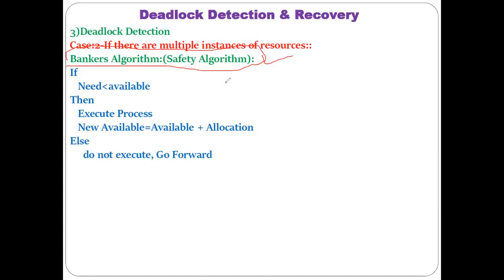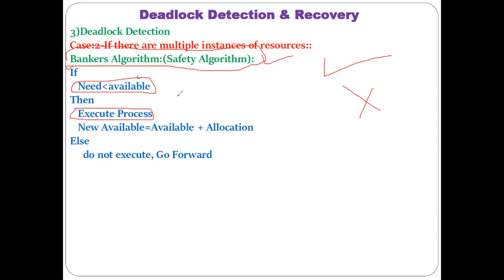With the help of that, the banker's algorithm tells us whether the system remains in the safe state or in the unsafe state. So what exactly is this safety algorithm? In the pseudocode I have mentioned, if need is less than available, meaning if the remaining need of required resources for the process is less than the available resource, then execute the process.